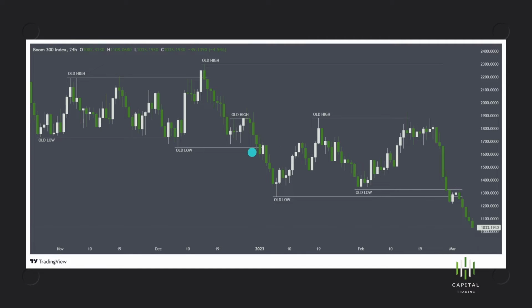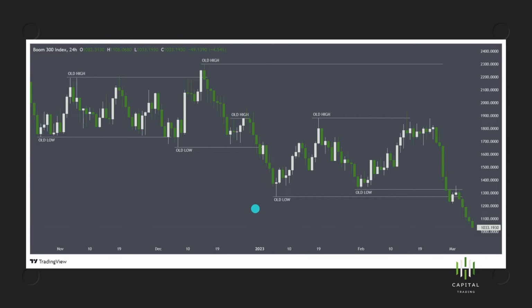So when the market took out the downside, they went to this level and then continued down, and then they formed this old high here. At a later time, they came and ran over this old high and continued on the downside. So this candle here is today's candle. Currently we are bearish on boom 300, so I'm guessing they are going to the downside here.